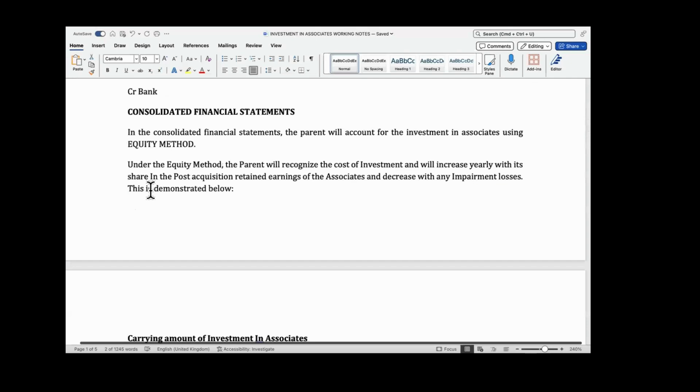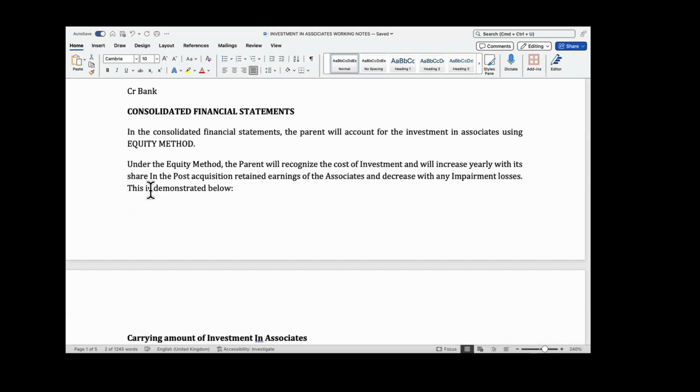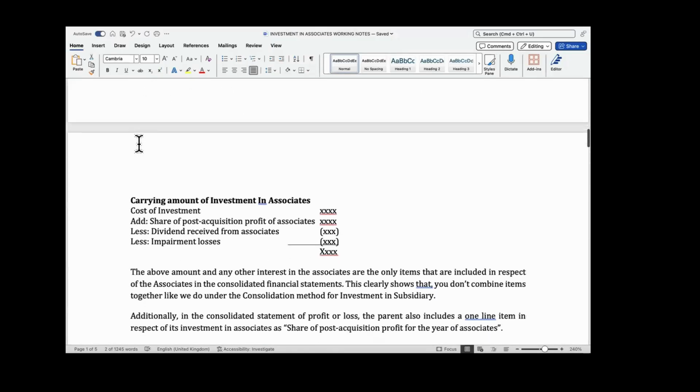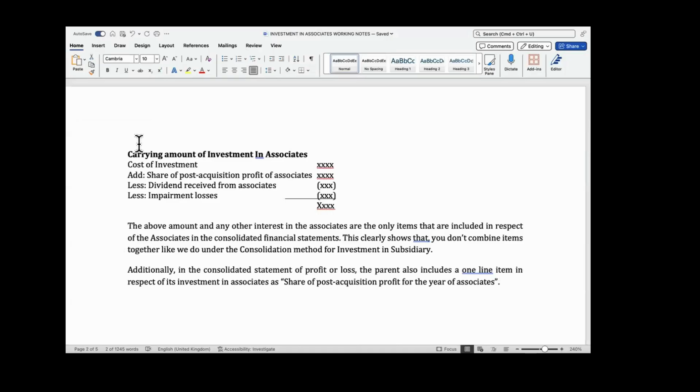Where equity method applies is if he is preparing consolidated financials. That means if he is not preparing consolidated financial statements, this equity method will not apply. So an equity method is that you'll be taking your share of the post-acquisition profit of that associate.